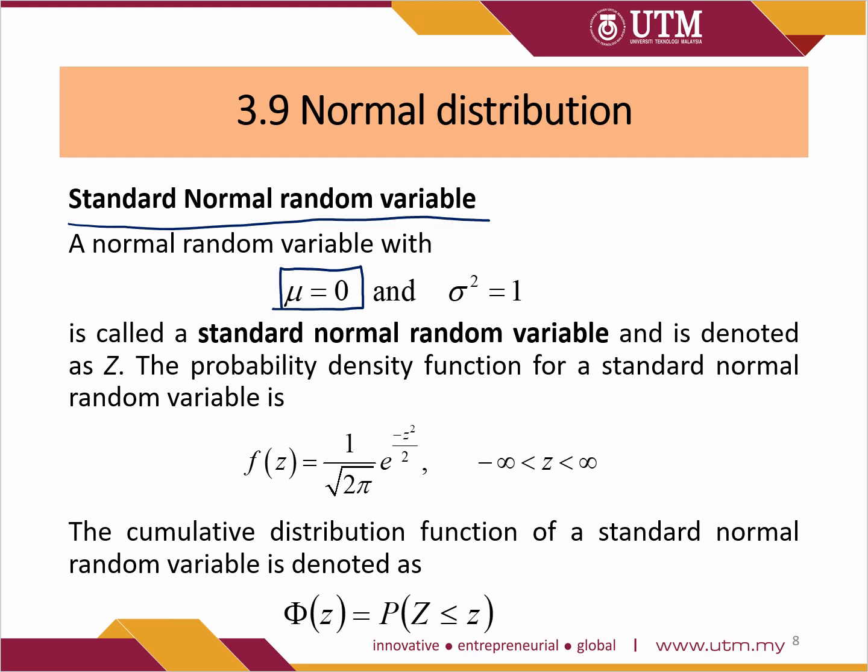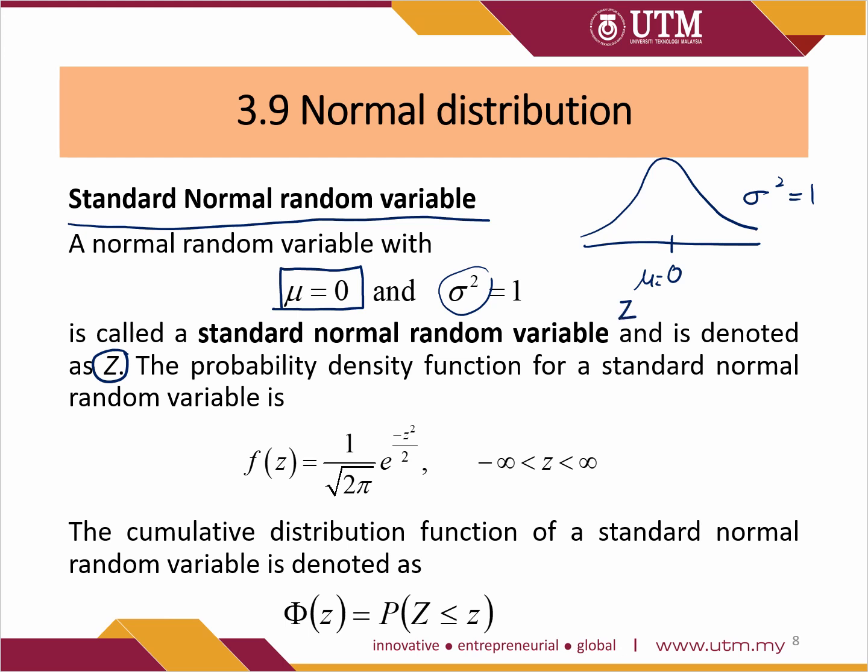So our standard normal has mean 0 and variance 1, and we denote it as capital Z.